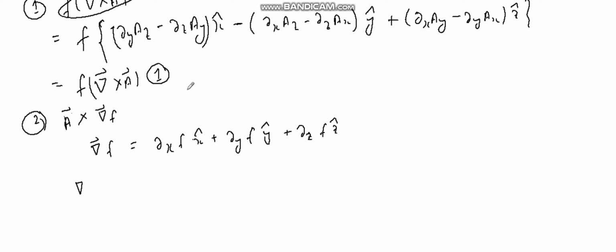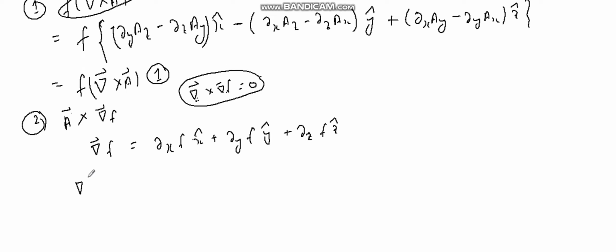So if it would be del cross del of f, it is going to be 0, as we will see from our next video, where I am going to explain the product rule for the second derivative, right? So this is the second derivative because we are taking this del operator twice. Okay, so we'll see in the upcoming videos about this.